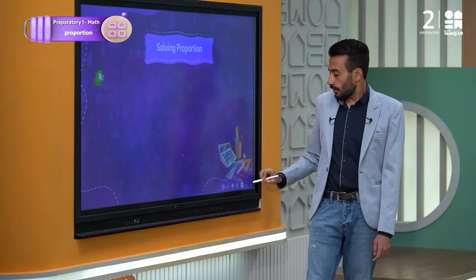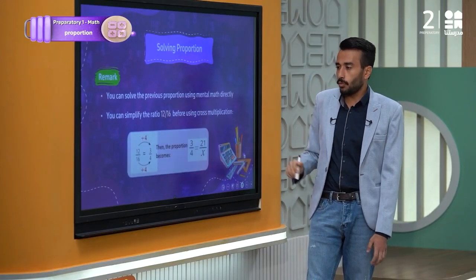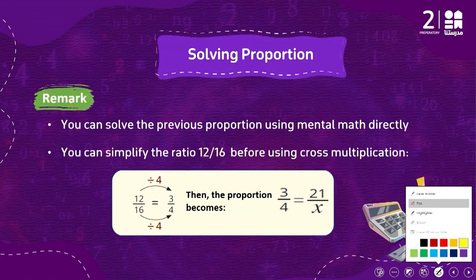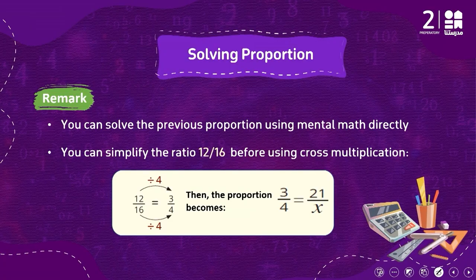So we have here a new way. Let's simplify this fraction. 12 over 16 to be simplified, both numbers are divisible by 4. We can divide both numbers by 4. So 12 divided by 4 on your calculator is 3, 16 divided by 4 on your calculator is 4. Or maybe you can write this fraction directly on your calculator, 12 over 16. It will give this answer, 3 over 4.